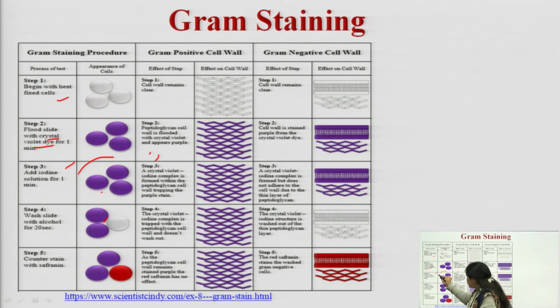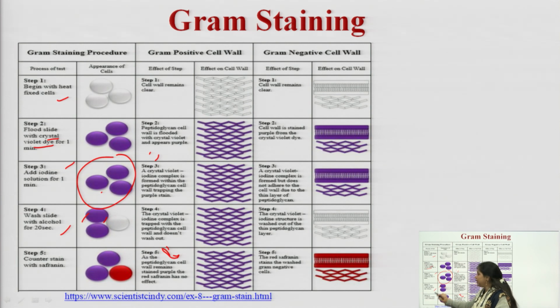In step number 4, you wash the slide with alcohol. If we have gram negative bacteria, the primary stain will get removed from the cells, and if we have gram positive bacteria, the stain remains as it is. The CVI complex will remain within the cells.